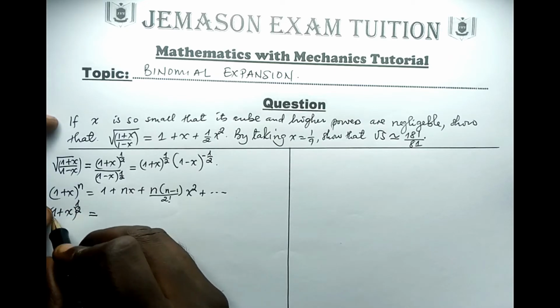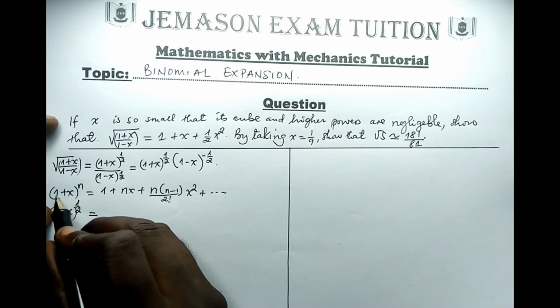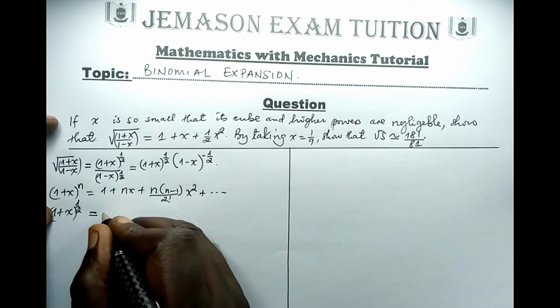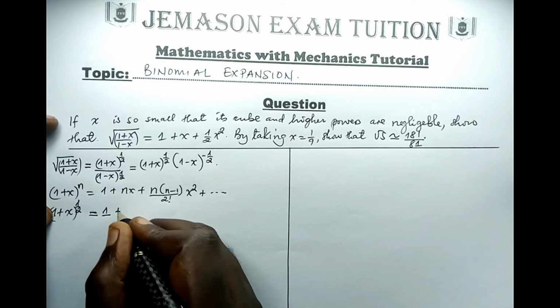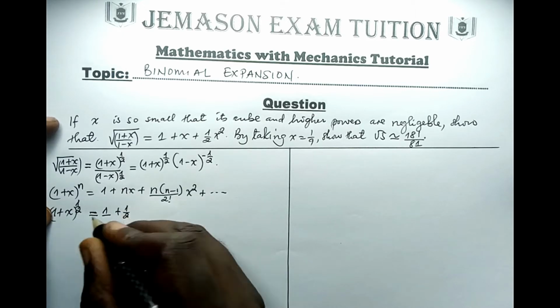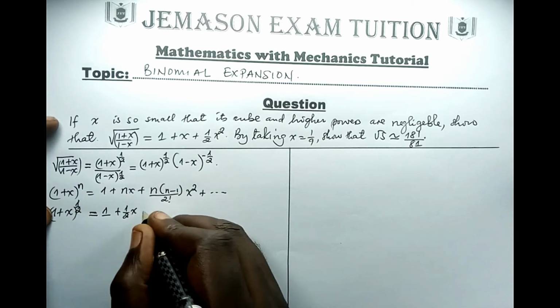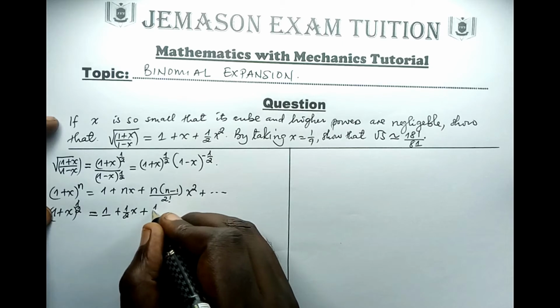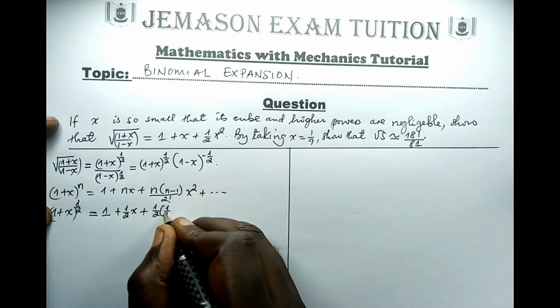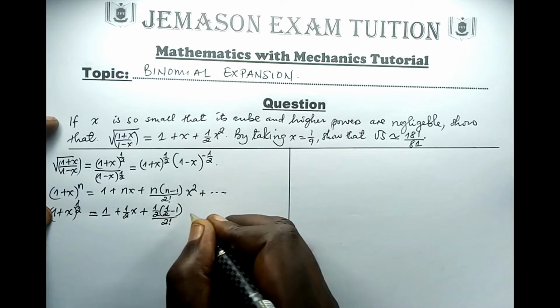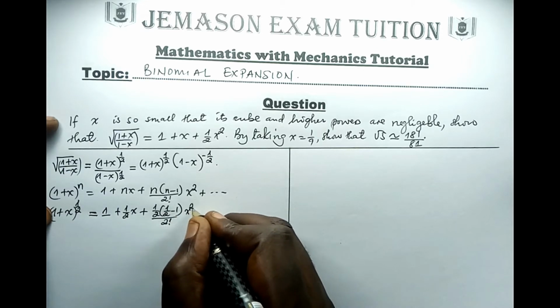the constant term in the expansion is 1, and in the formula it is 1, so things become easier. We'll start with 1 plus n. n is half. The power here is half, which corresponds to n. Then x plus n, that is half, into half minus 1 all over 2 factorial, then x squared.